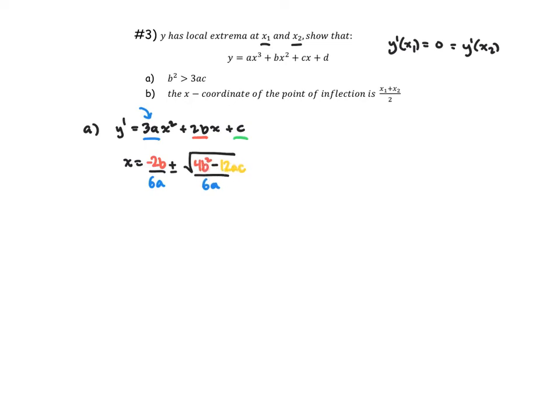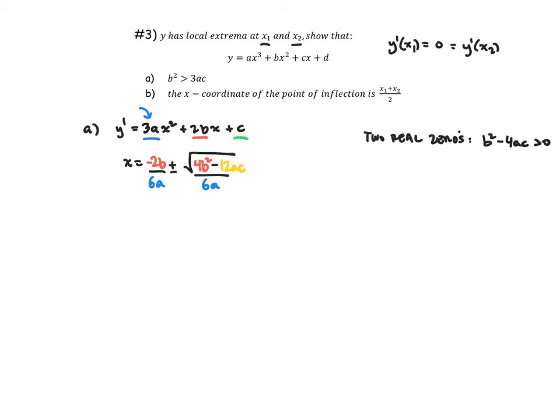So if there are two zeros, which it's telling me there's two values I know are zeros for y prime, x1 and x2. Since there are two, if you remember back to some trig, if there's two real zeros to the quadratic formula, then b squared minus 4ac is greater than 0.